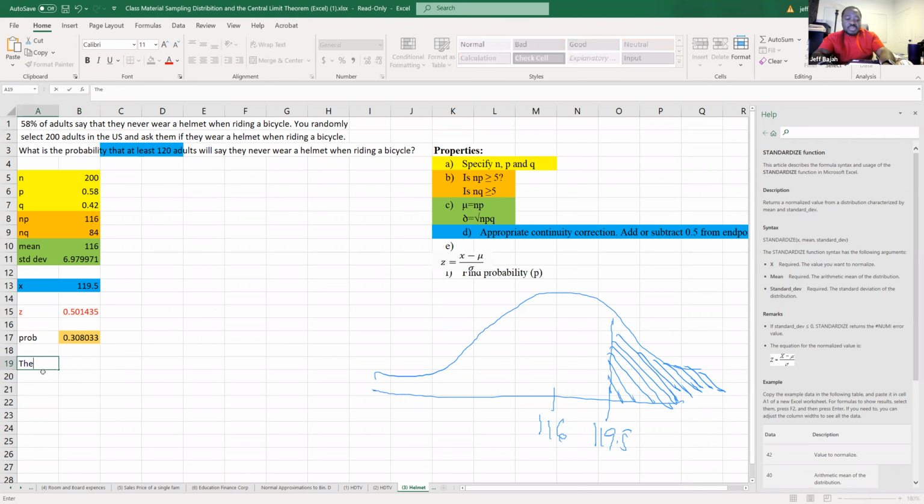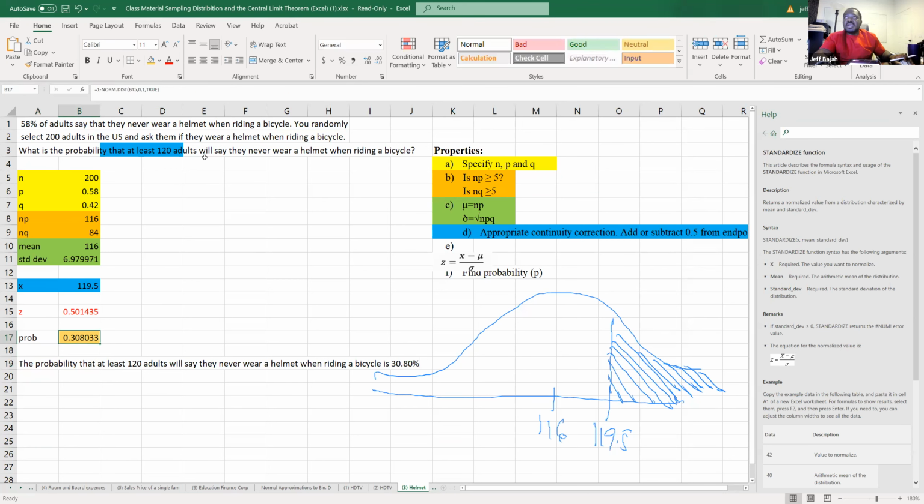So the probability that at least 120 adults will say they never wear helmets when riding bicycle is 30.80%. And we can do that by fixing that.